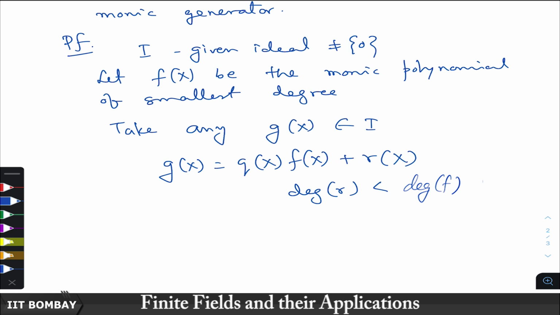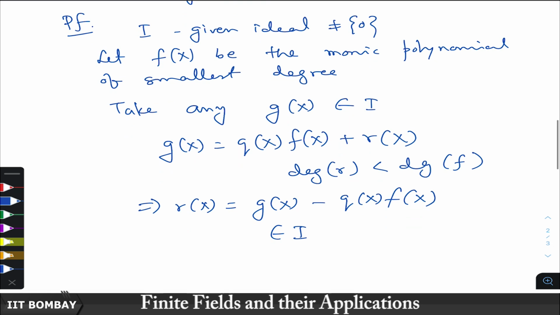Because r(x) is equal to g(x) minus q(x) f(x), and because g(x) is in I and f(x) is in I, this is also in I. If r(x) is non-zero, then it is a smaller degree polynomial than f(x), and because it is a polynomial over a field, you can divide by the leading coefficient and get a monic polynomial which is also in I, and it is of smaller degree than the degree of f, which will be a contradiction.